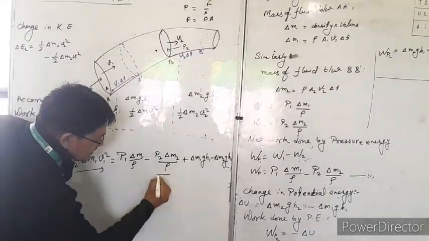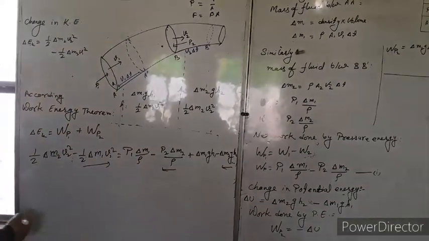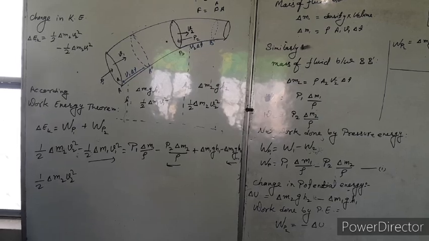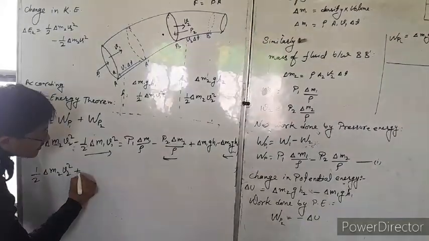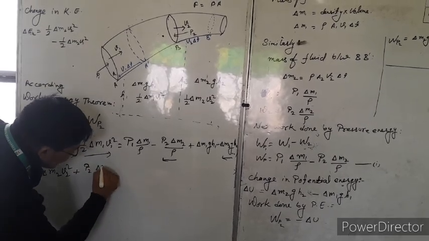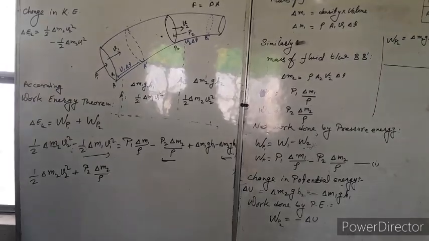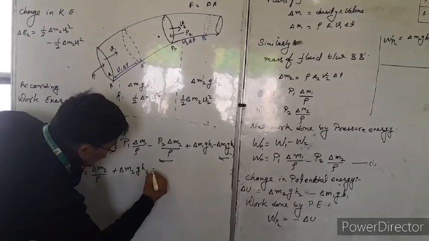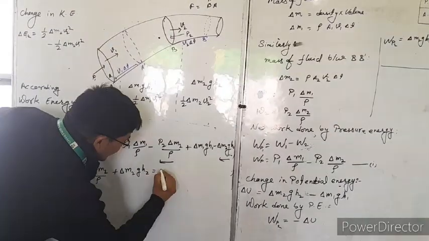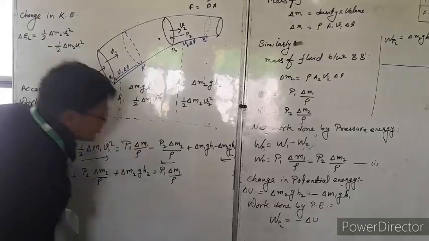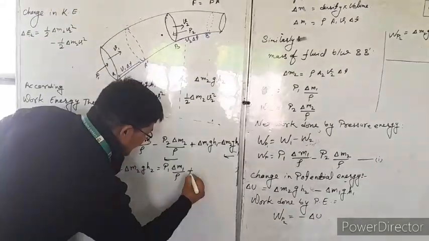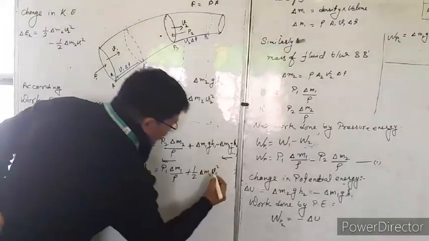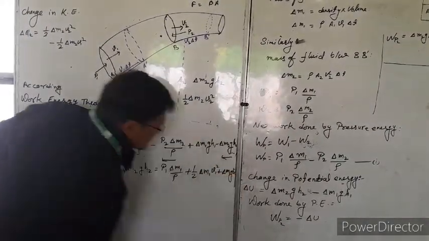Then you will get 1 upon 2 Δm2 v2 square plus P2 Δm2 upon rho plus Δm2 g h2 is equal to P1 Δm1 upon rho, and this term will shift to this side, then it will become plus 1 upon 2 Δm1 v1 square, and already Δm1 g h1 is here. Is that clear?